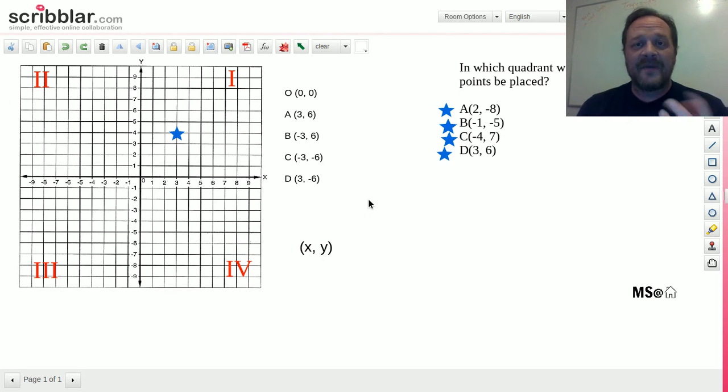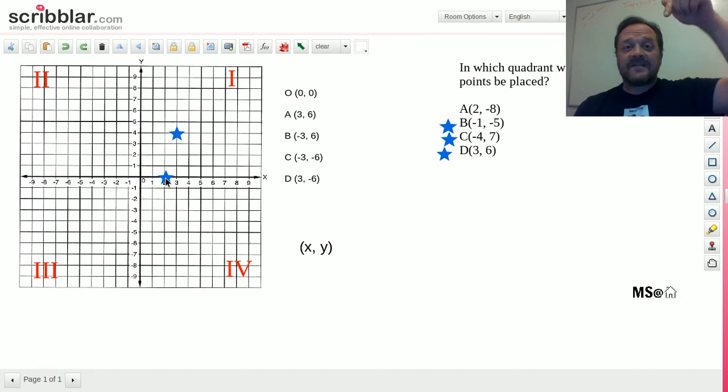What I'm going to go over is part B, where it said in which quadrant would each of the points be placed, and I gave you 4 points. So this should be relatively easy if you've already gone through part A. So let's start with point A, where the coordinates are 2 comma negative 8. If I take that star and I start at the origin and I say, okay, well, the X value is 2, so that means move positive 2 in the X direction on the X axis, and then move down, right?